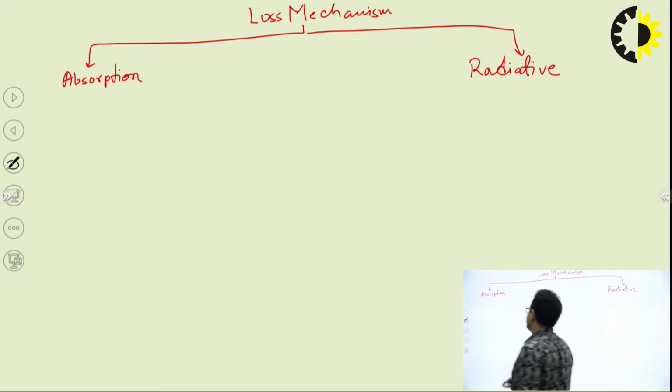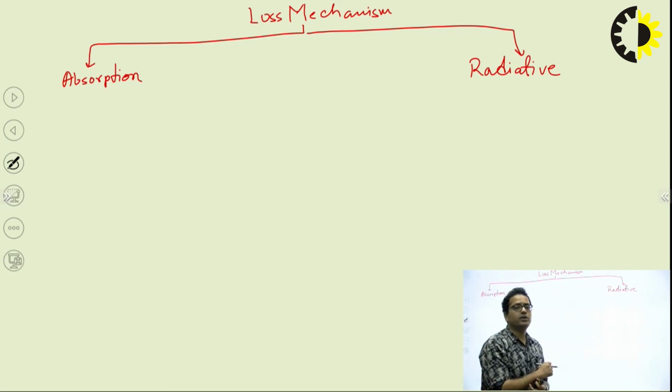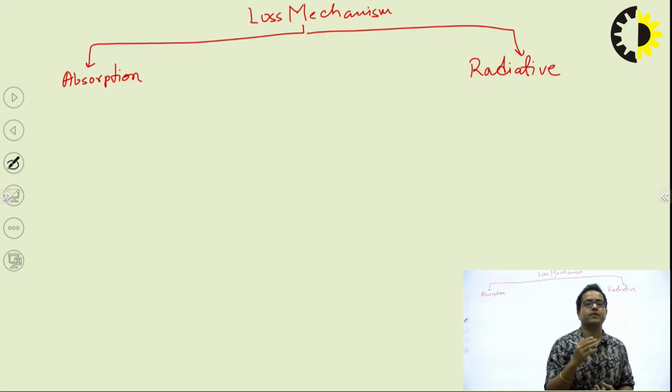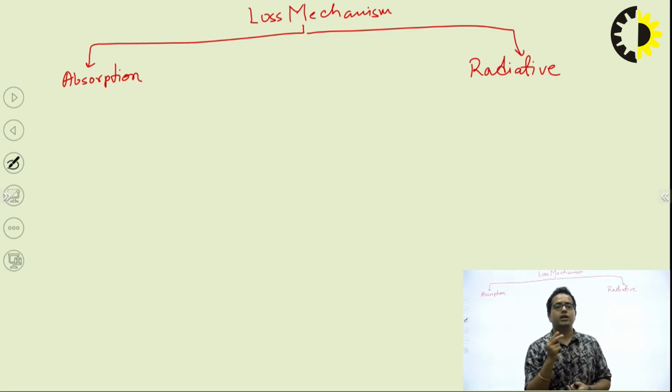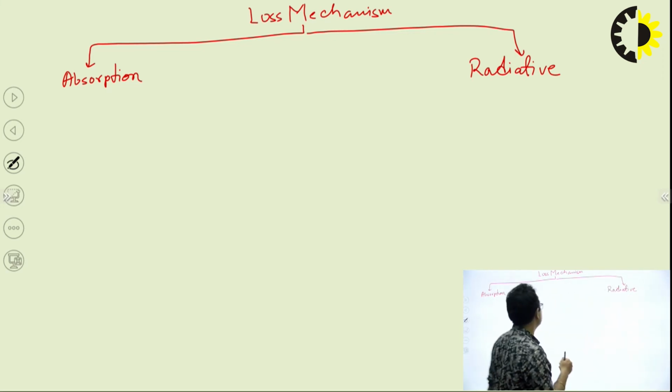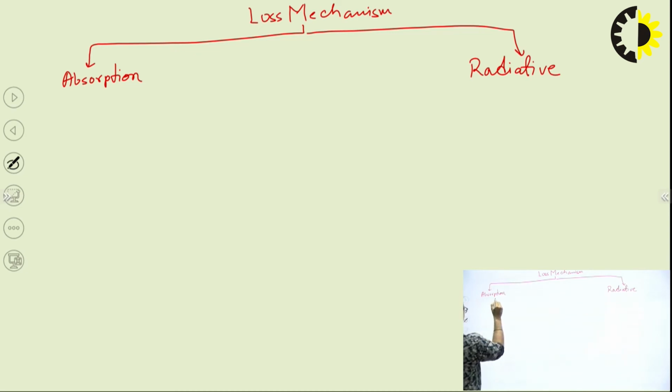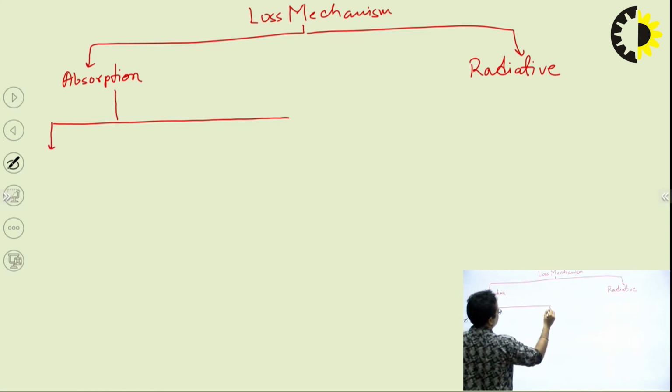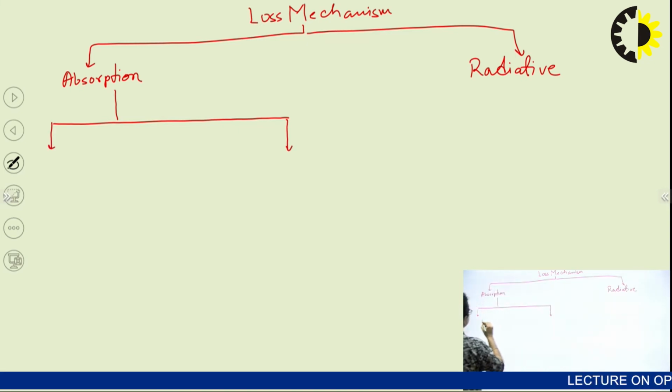So in the absorption loss, if the power loss is occurring because of the phenomenon of absorption, then there are two mechanisms. What are those mechanisms? First is your intrinsic and the second is extrinsic.